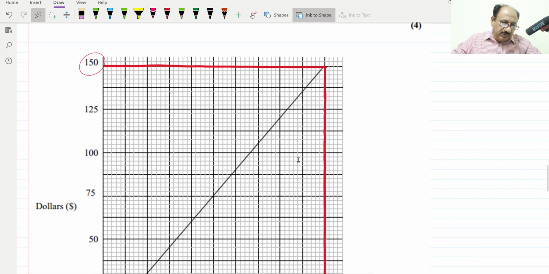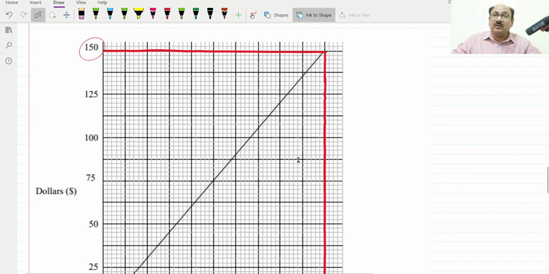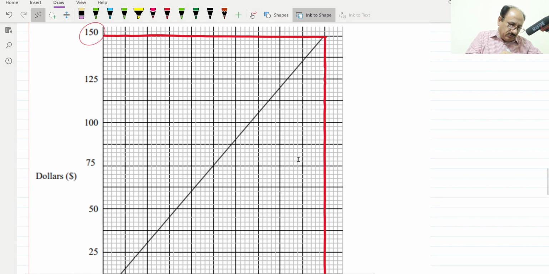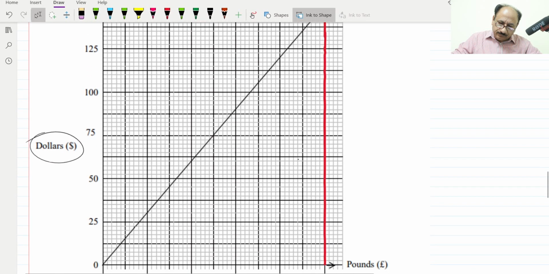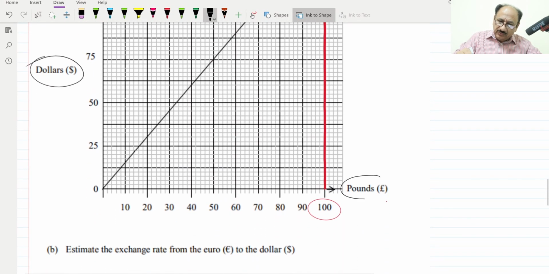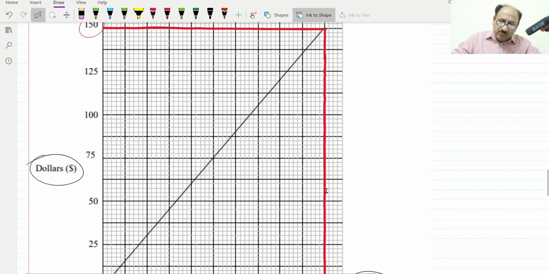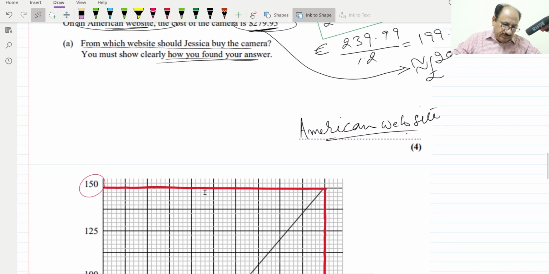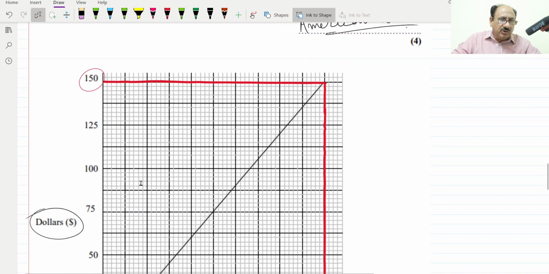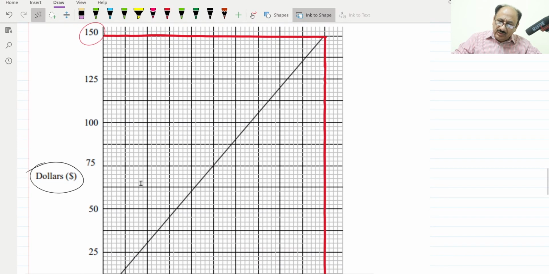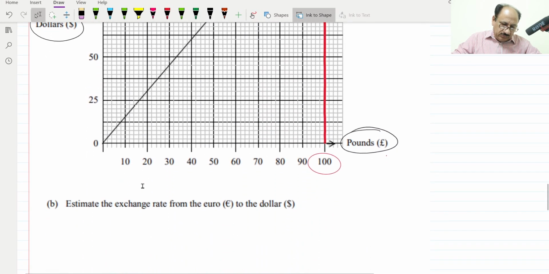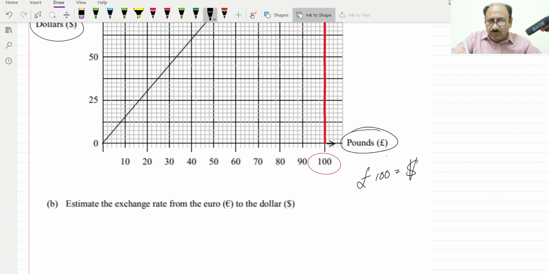Now for the B part they have given this another conversion graph which is dollars on this side, and this side is pounds. So 100 pounds is equal to, I have drawn this line for you, $150. So this conversion also we can write over here. So first of all, I will write over here: 100 pound is equal to US dollars, 150 basically.